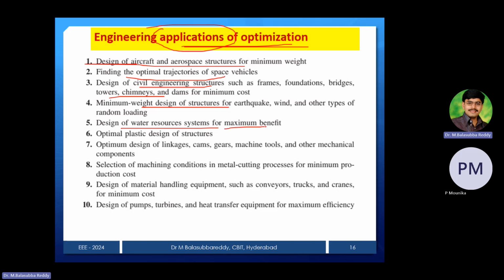resources for maximum benefit, optimal plastic design structure, linkage of cams, gears, and machine tools. This is also an application. I have shown you only a few here, but we can see thousands of applications in any field. In our electrical case also there is machine design, optimal parameters. Suppose the objective is minimization of the size of the machine with the same capacity.